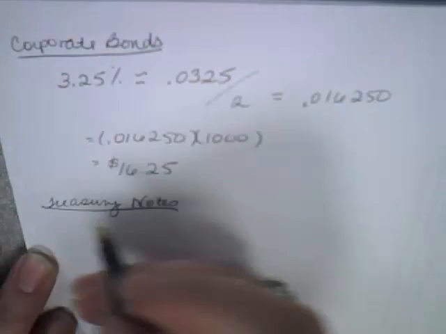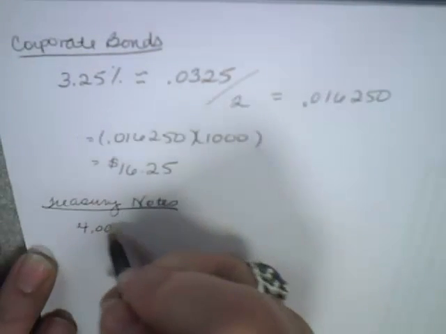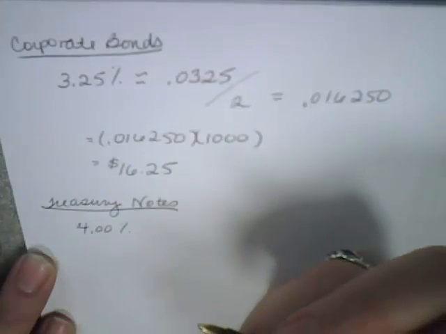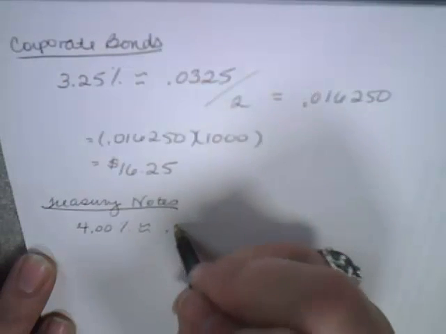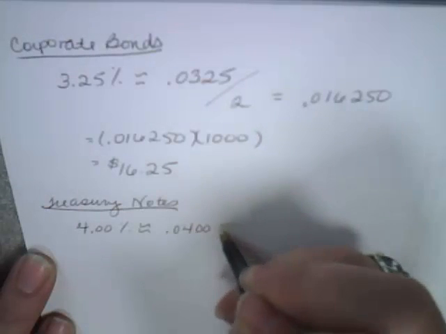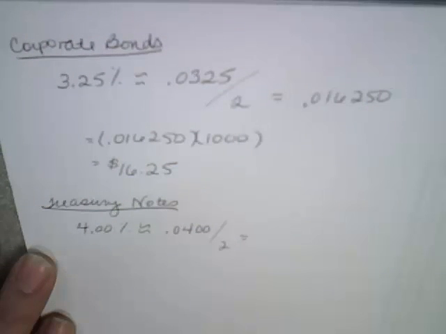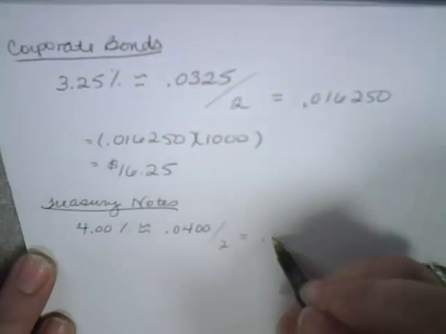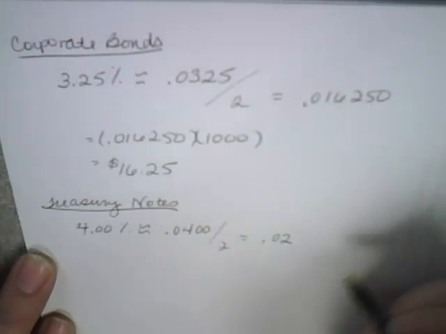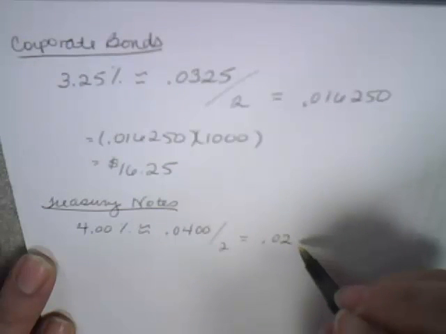Same rules apply. We're looking at a 4% interest rate, so I convert that over to a decimal just to make it easier to work with. And since it's semi-annual, I go ahead and divide that by 2, and that gives you, of course, 0.02 as your semi-annual interest rate.